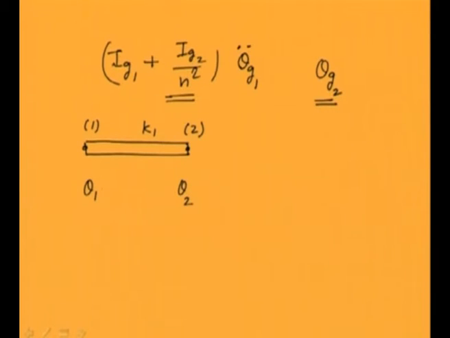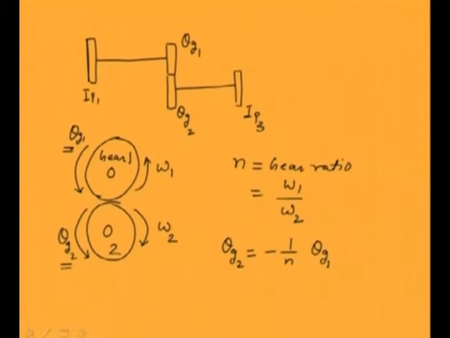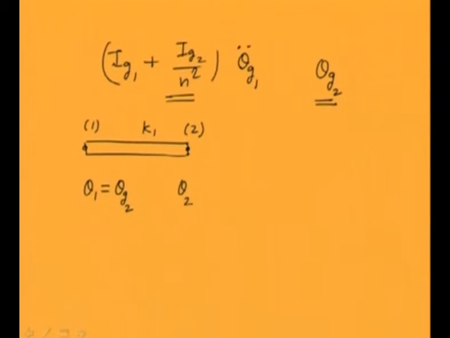This theta 1 is actually the gear 2 displacement, because this particular shaft is the one we chose in the previous figure. So this end is element node 1, node 2, but this particular displacement is assigned to node 1. So that is why theta G2 is equal to, we know, theta G1 by N.